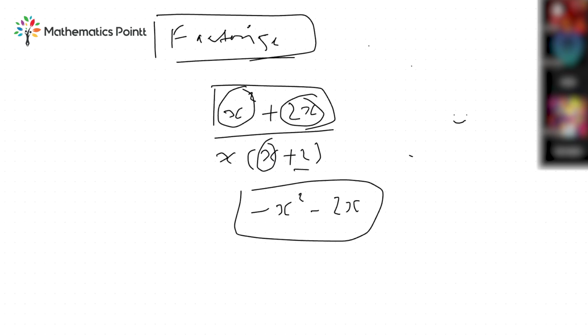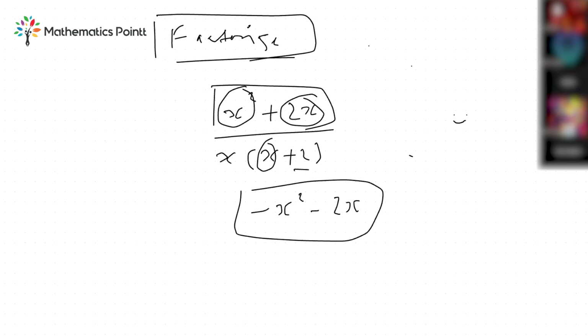Those of you who think that you know factorization well and algebra is easy, a couple of you have given me an incorrect answer. Quite a few of you have given me the right answer. Let's quickly check what is the right answer.